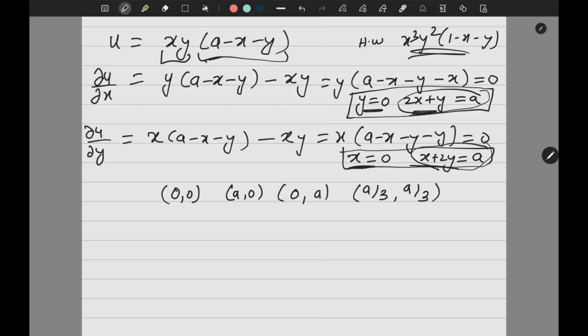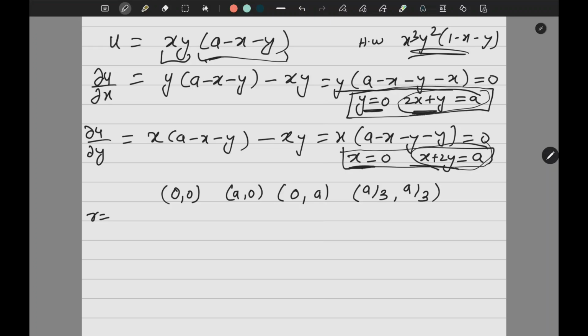Now I should check the nature at these extreme points. Okay. So now let me do R, S, T. Now what is R? Dou 2 u upon dou x square. So you differentiate this function again with respect to x. Y is the constant, and here it is minus 2x. Right?